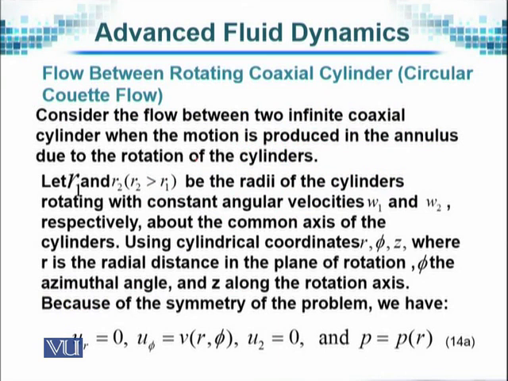So this is described here in mathematical terms, that R2 is greater than R1. It means that the radius of the outer cylinder is R2 and the radius of the inner cylinder is R1, and the corresponding angular velocities are omega 1 and omega 2 respectively.